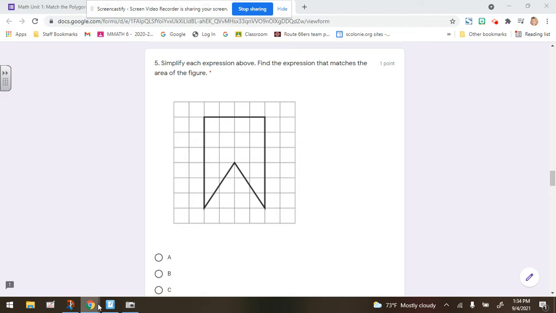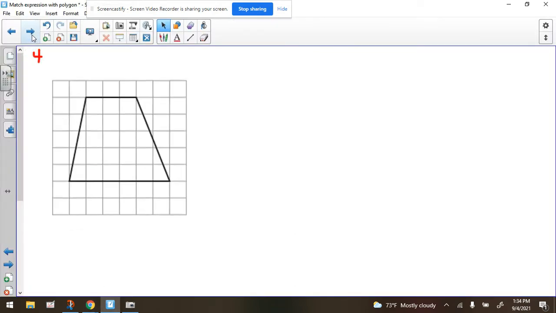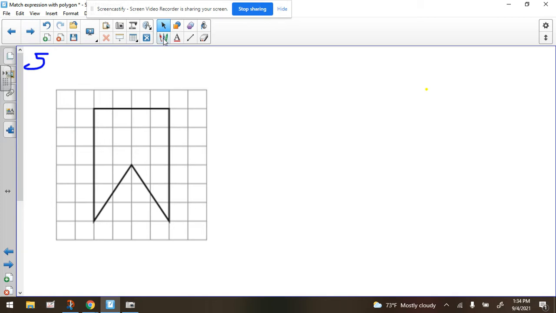So actually, let's take a look at that one. Let me find it on my lineup here in my Smart Notebook file. All right, here it is. So if we were going to find the area of the outside rectangle, let me trace that for you so you can see what I'm talking about. What would the dimensions of that rectangle be? Going this way, it would be 1, 2, 3, 4.